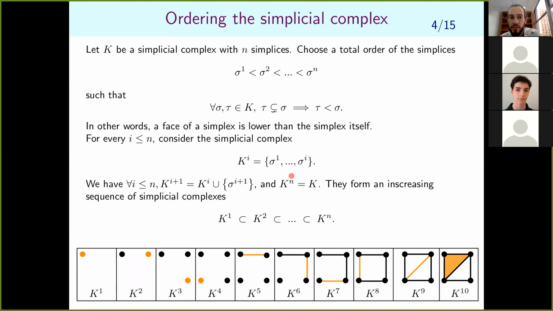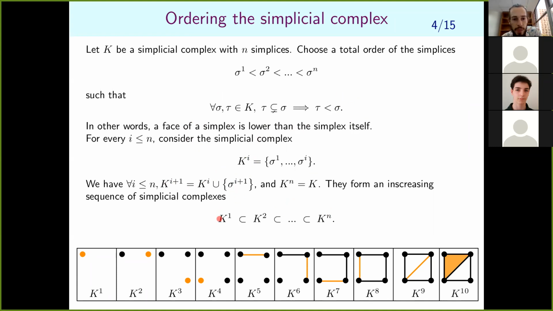And this is true because of this property. And remark that going from K_i to K_{i+1} consists in just adding one simplex.